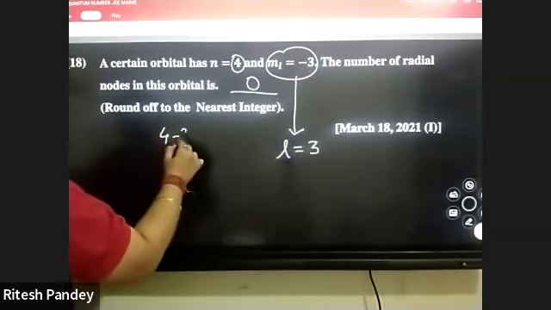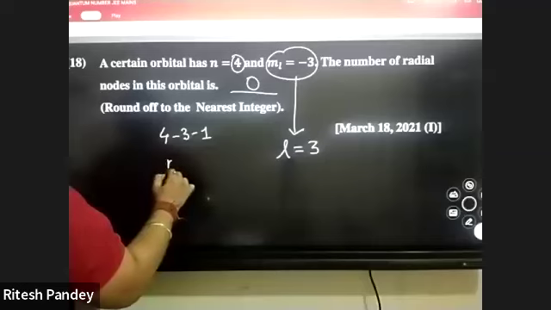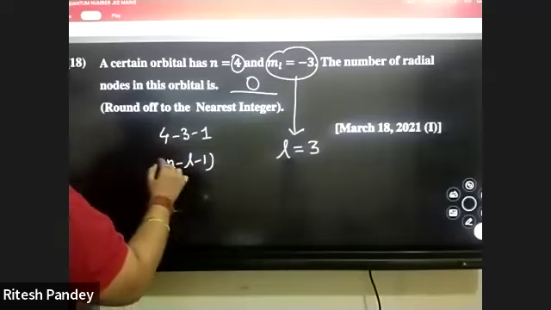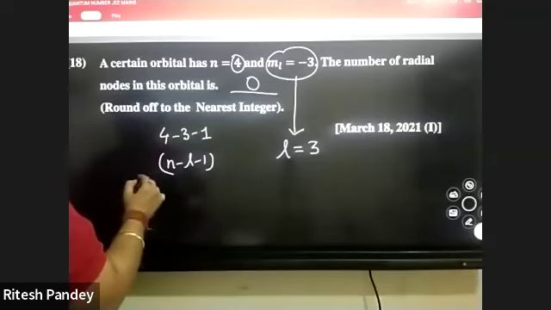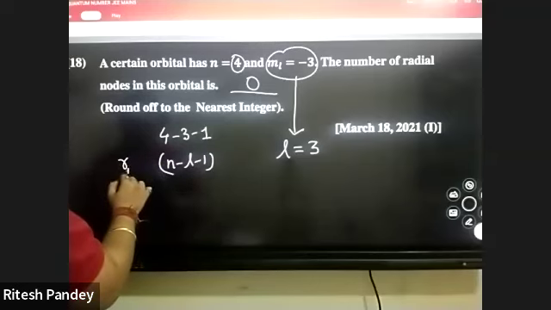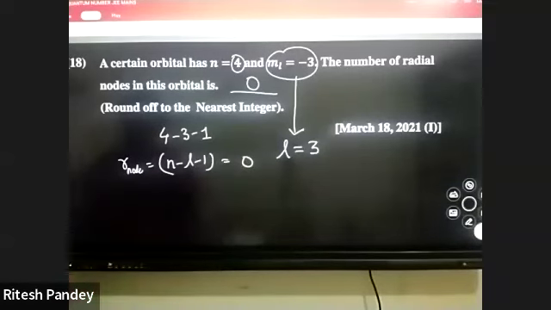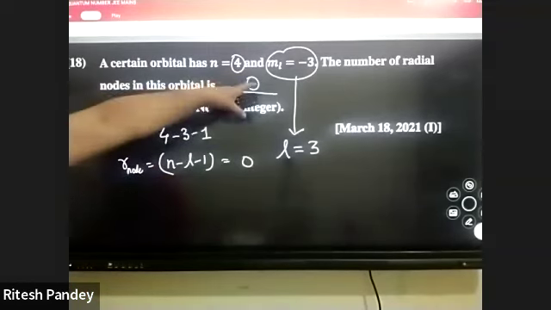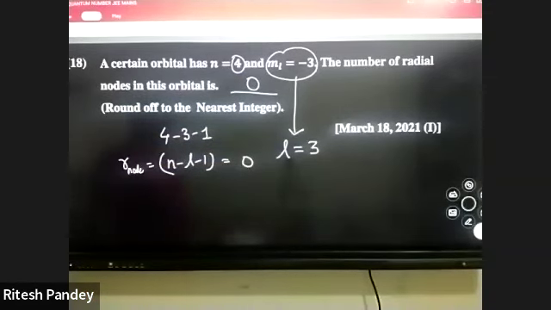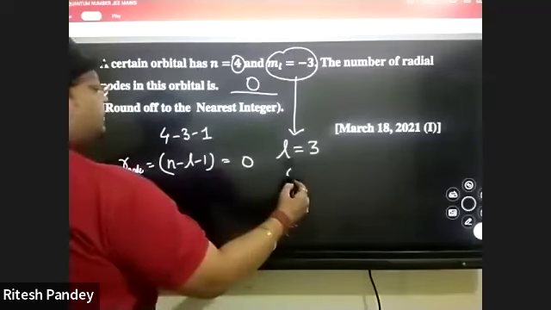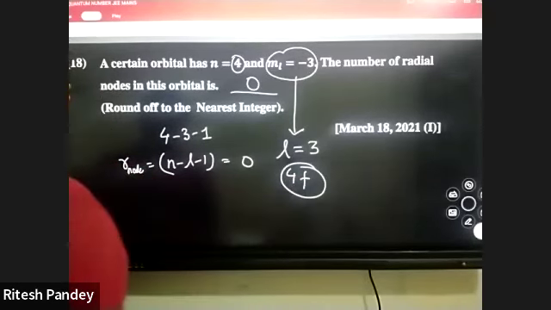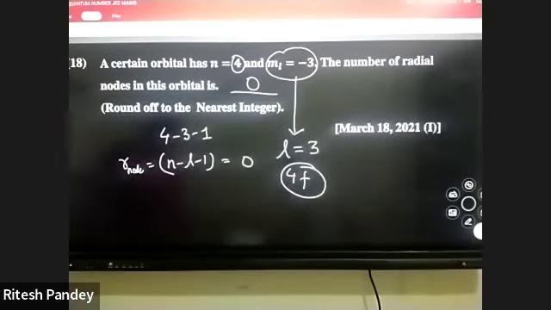So 4 minus 3 minus 1 is how I write n minus L minus 1, which is the number of radial nodes. And the number of radial nodes here would be 0. I think I'm being understood. ml minus 3 would mean it's certainly 4f. But L is equal to 4 and L is equal to 3.